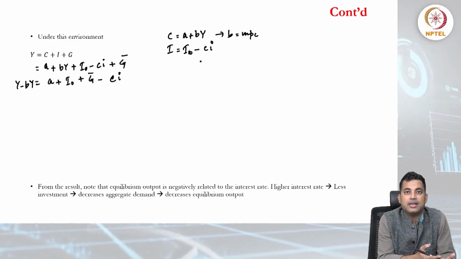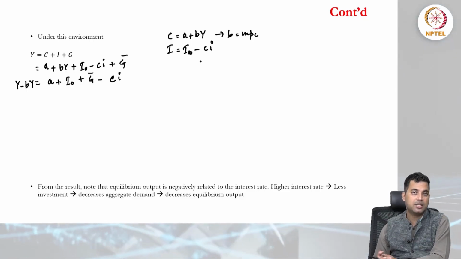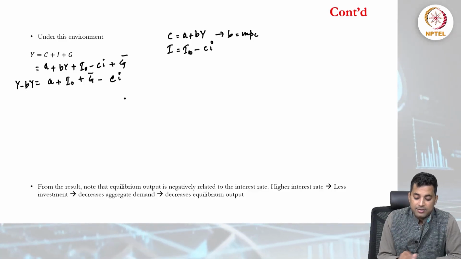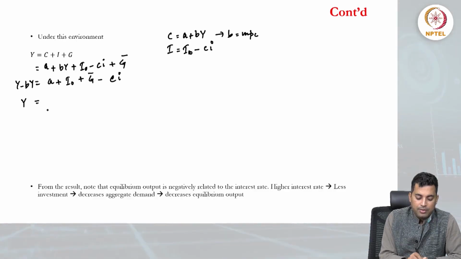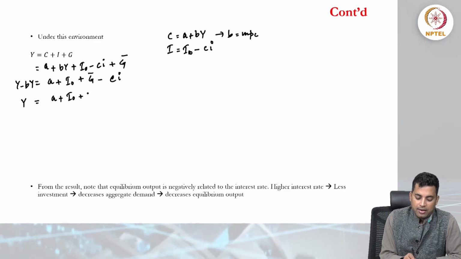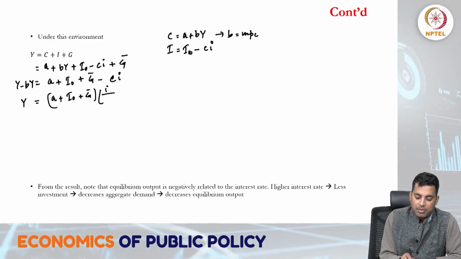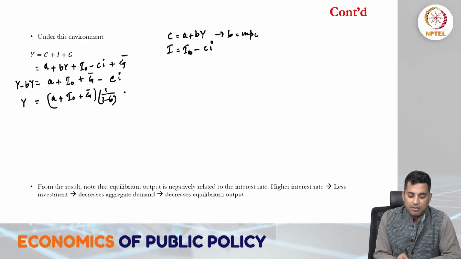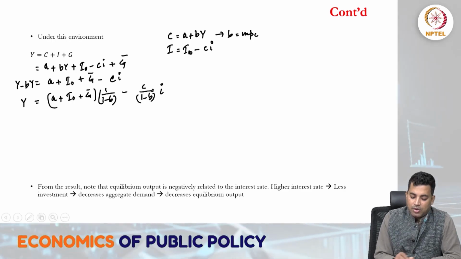That is precisely c, and the negative sign denotes the relationship between capital I and small i. So here y will be a plus I naught plus G multiplied by 1 over 1 minus b. We are bringing 1 minus b from here, and c over 1 minus b, and here small i.